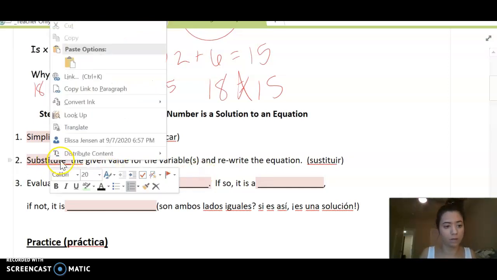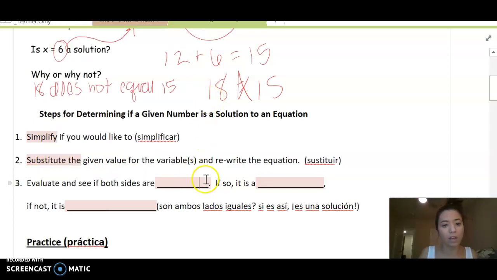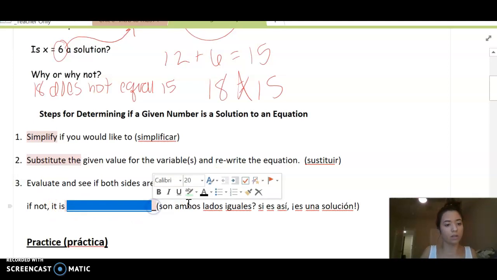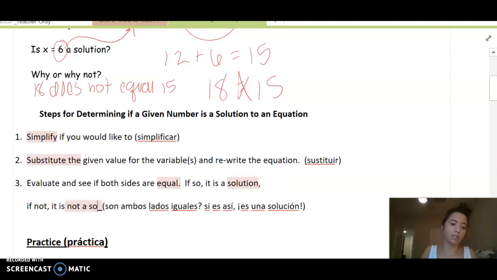I still am not spelling that right, apparently. There we go. And then we're going to evaluate and see if both sides are equal. And if they are equal, it is a solution. And if they are not equal, it is not a solution.